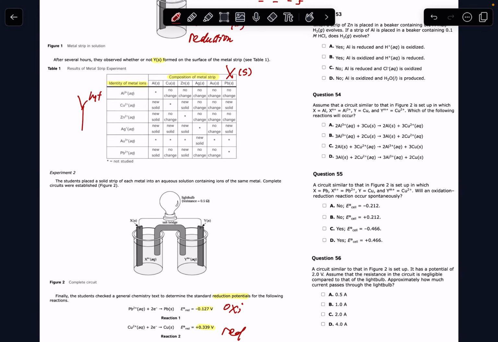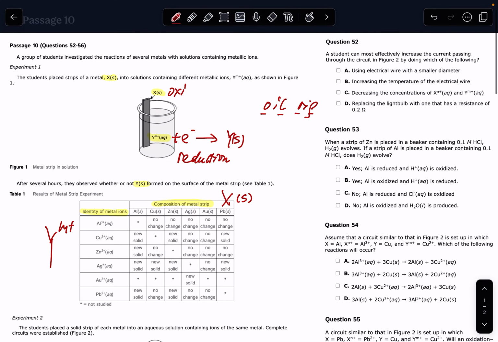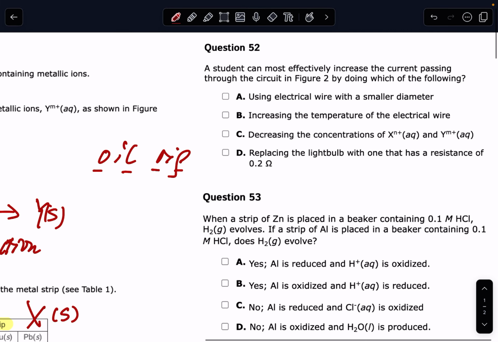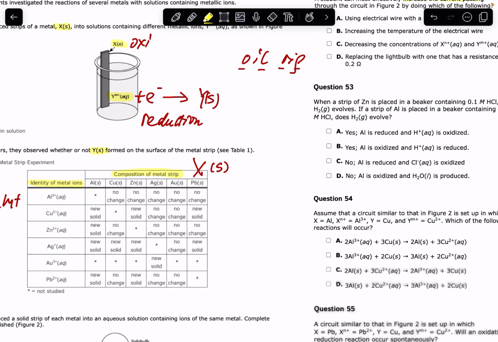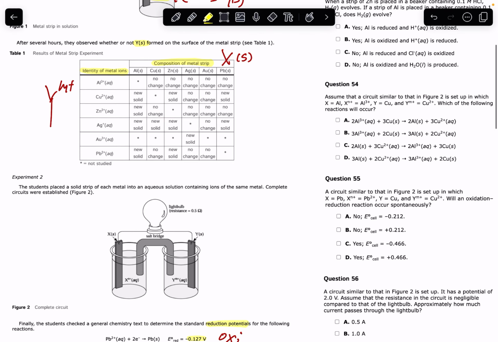All right, now let's dive into the questions. Question 52 says, a student can most effectively increase the current passing through the circuit in figure 2 by doing which of the following. Let's go back to figure 2. Figure 2 is very much like a galvanic cell setup, right?